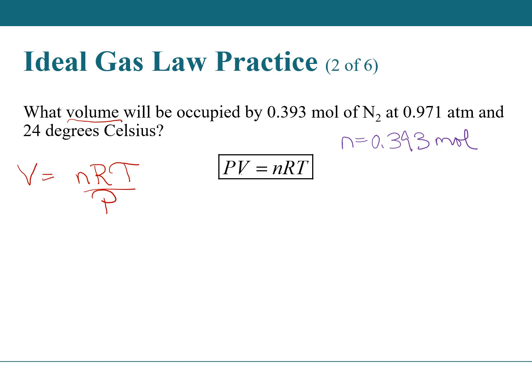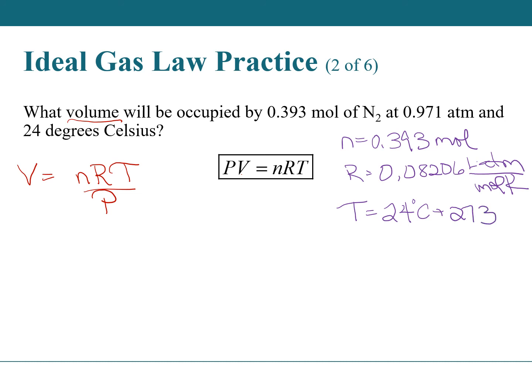Okay, R we know, that's a constant. 0.08206 liter atmospheres per mole Kelvin. Please make sure you have access to that conversion. Okay, don't memorize it. Temperature was 24 degrees Celsius, but we want to add our 273 to that to get it into Kelvin because we're working with gases.